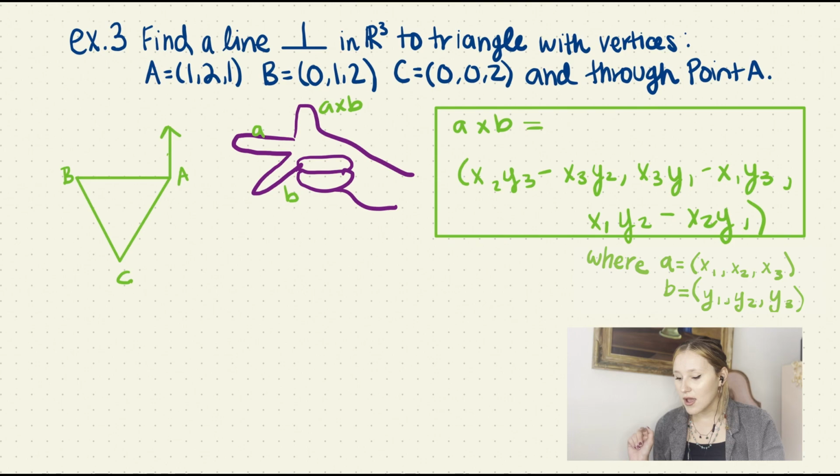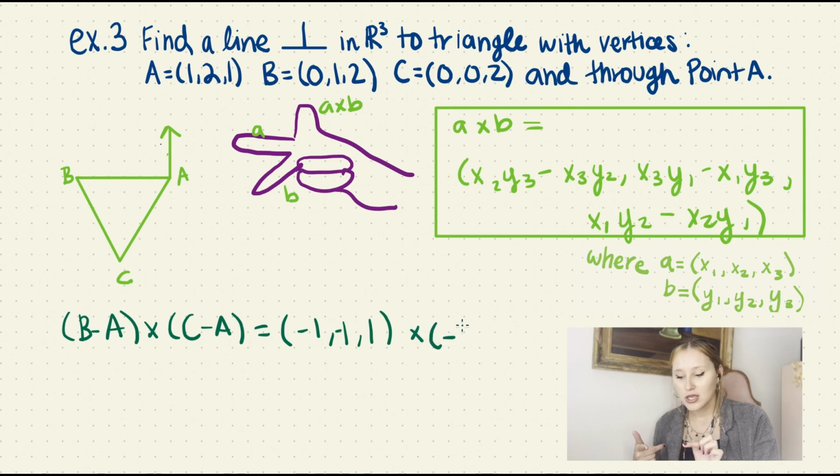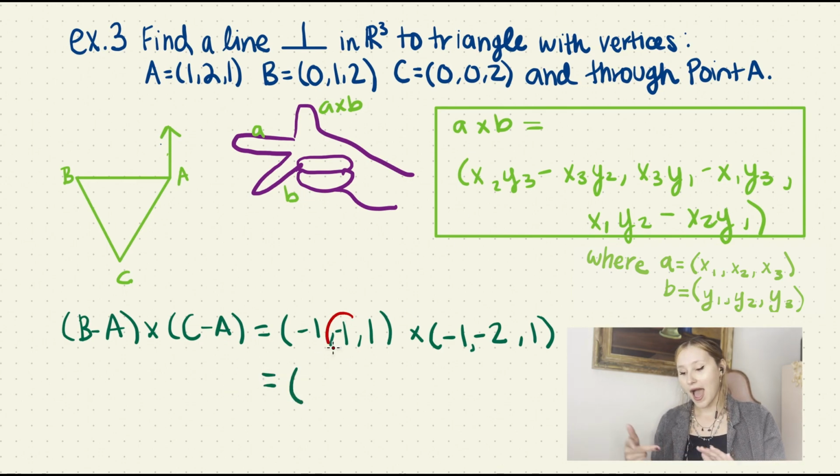So the reason why I bring up this right hand rule is because we have to figure out which vectors we're going to be crossing, right? So then I wrote out the thumb here. So we see that B minus A should be cross-producted, I just made that up, with C minus A, according to the thumb rule, whatever we call it here.